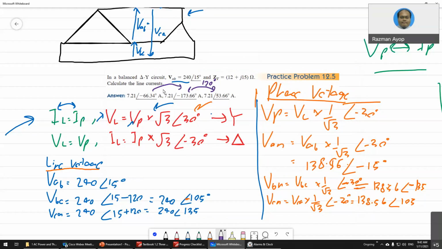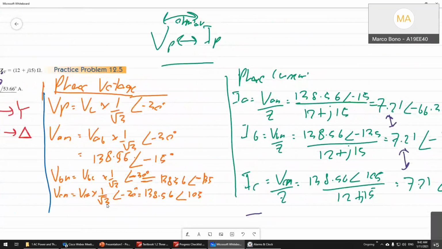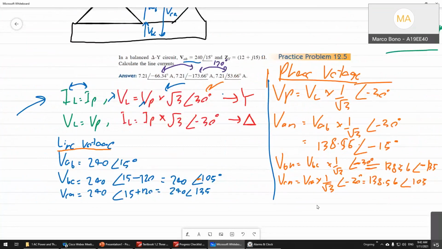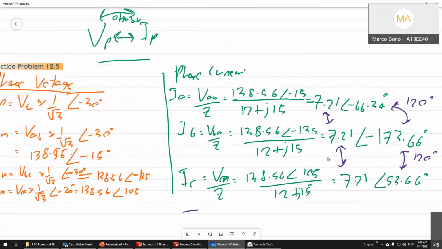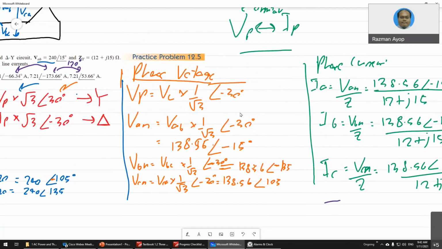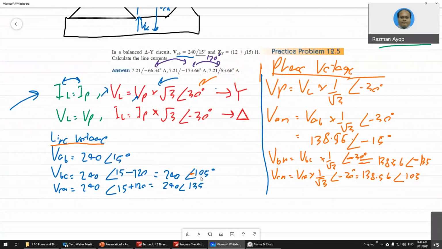Something is wrong here. Originally I got minus 186.34. Oh, that's why. Okay, 120. I think this one is already correct.